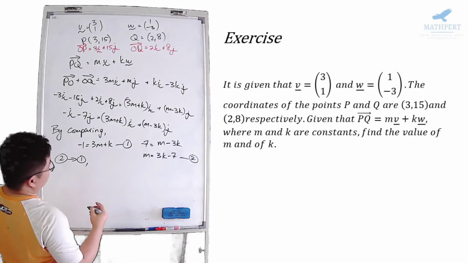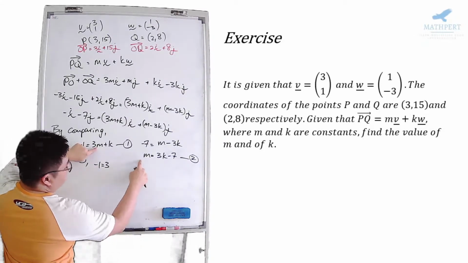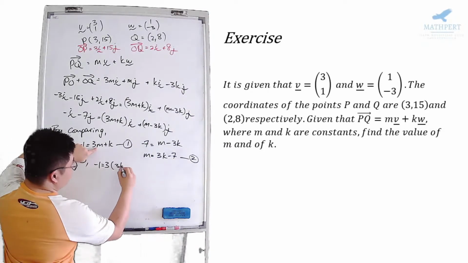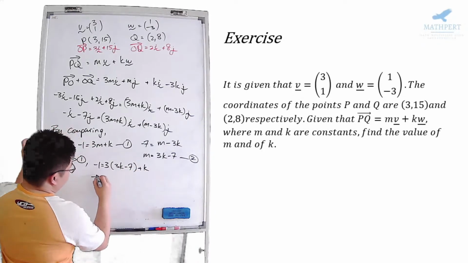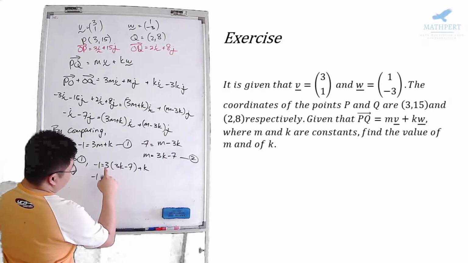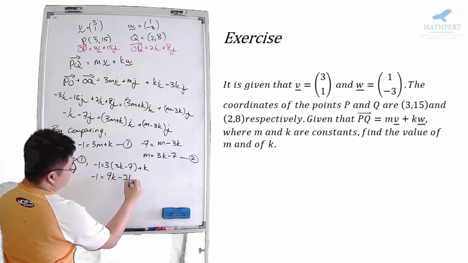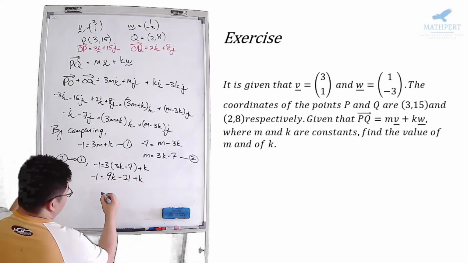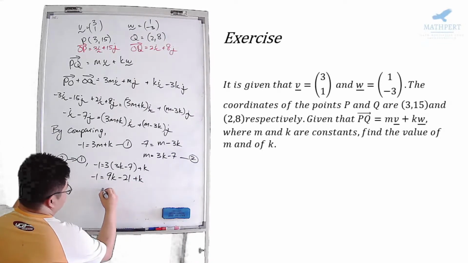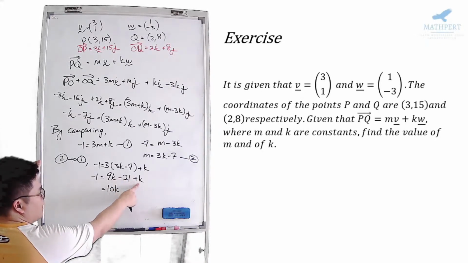What we get? Minus 1 equals to 3M, M is equal to 3K minus 7, plus K. So minus 1 is equal to 3, I get 9K minus 21 plus K. So I get 10K. Okay, 9K plus K, I get 10K.